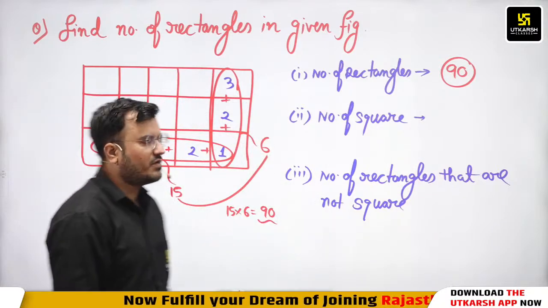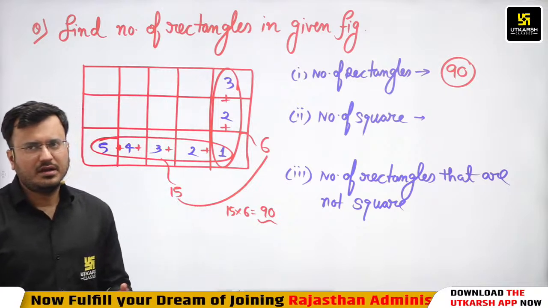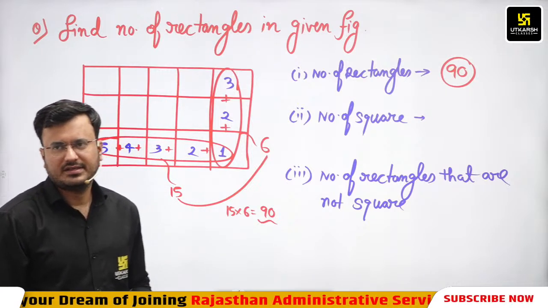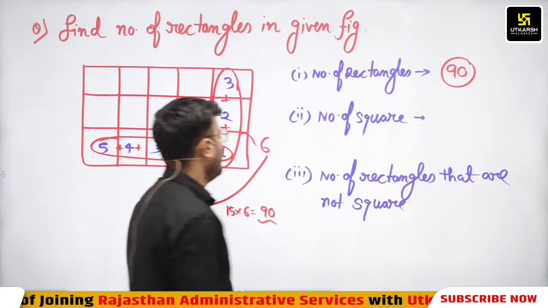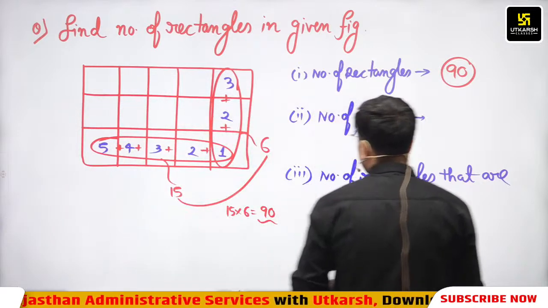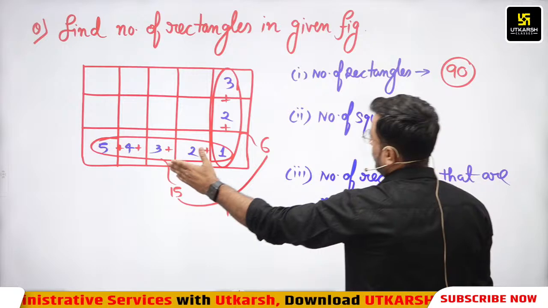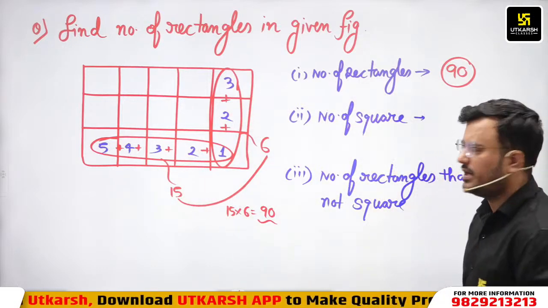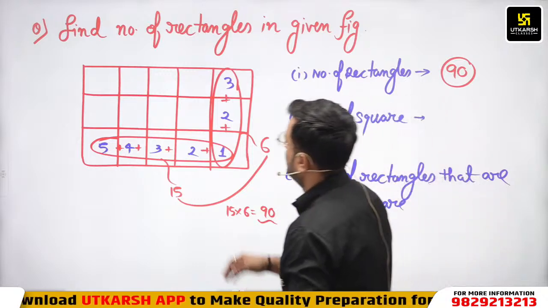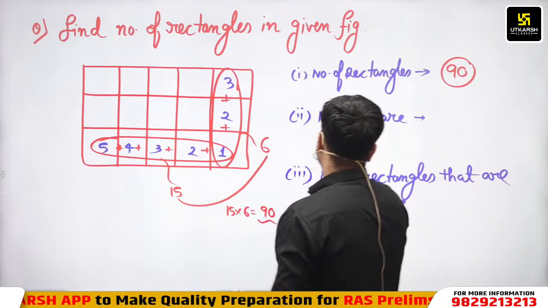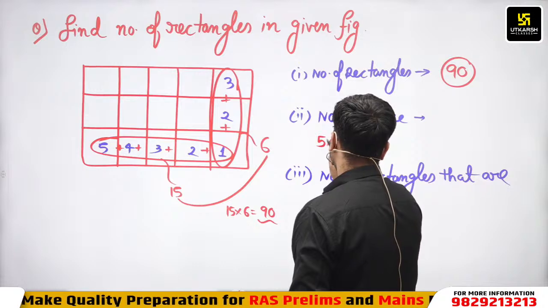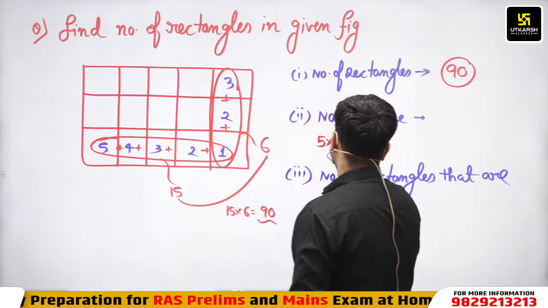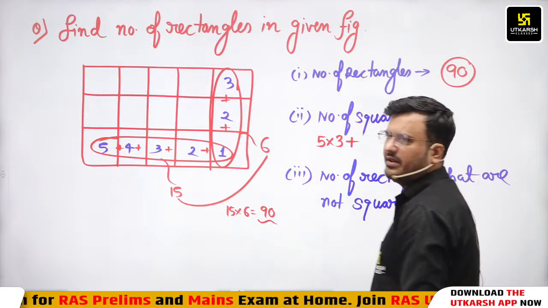Now the number of squares. How to count the number of squares in this figure? As I already discussed, we need to count the number of smallest squares in horizontal order and vertical order. So total 5 smallest squares in horizontal order and total 3 in vertical order, 5 and 3.